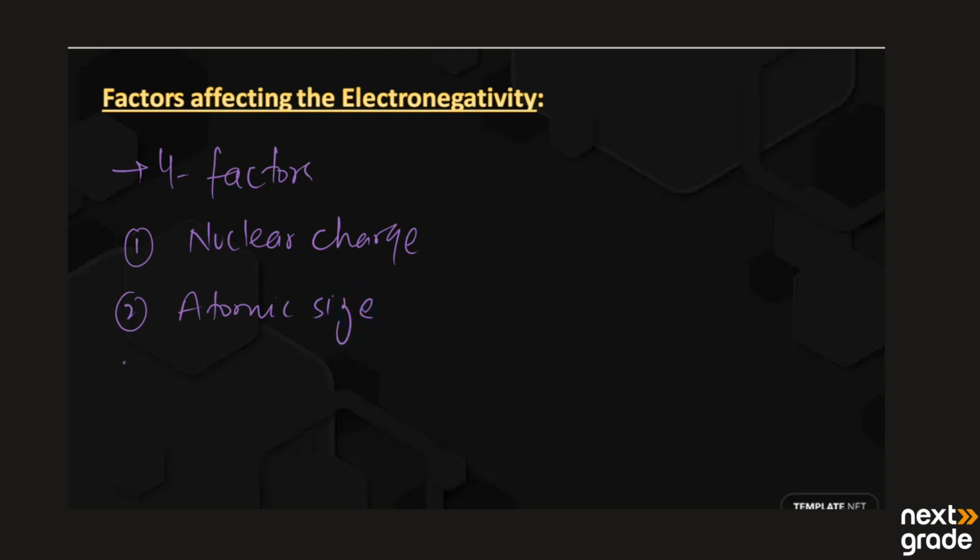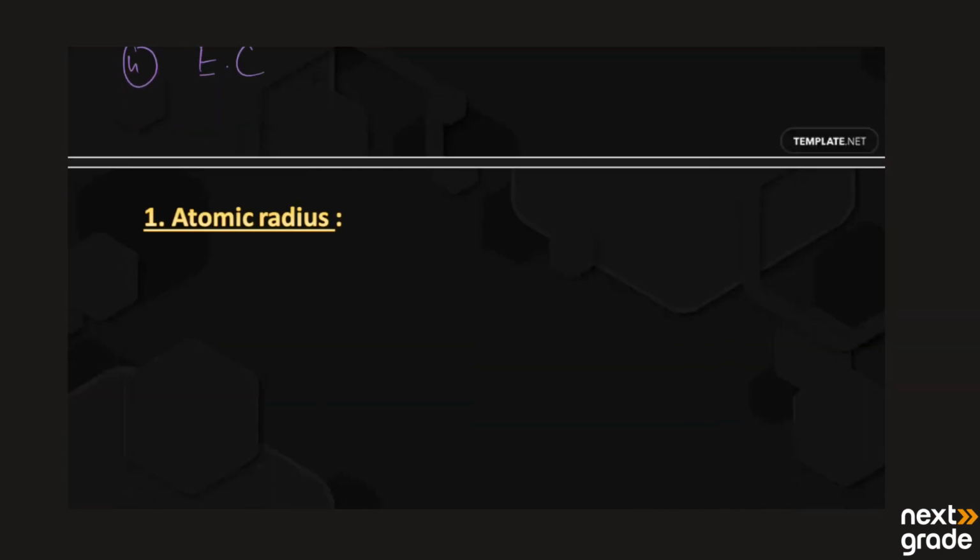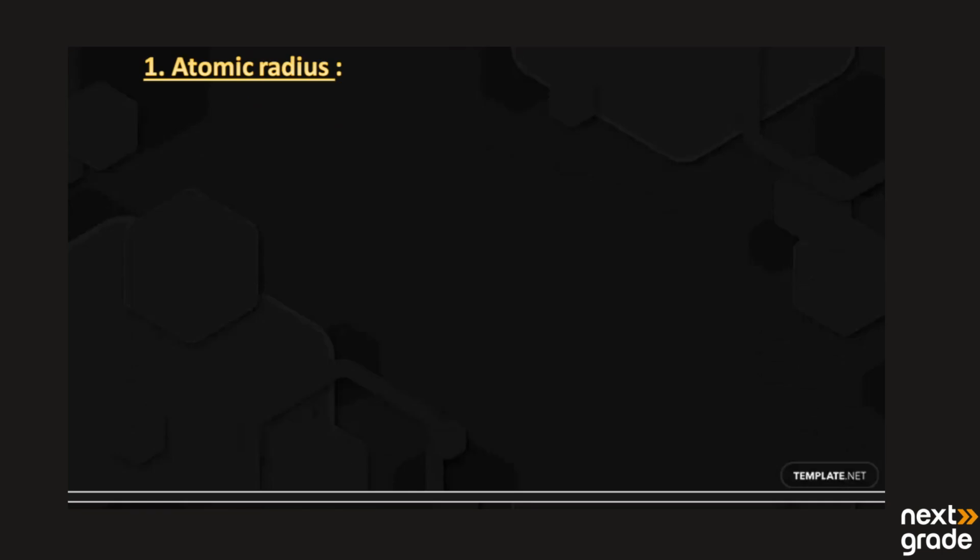The third factor is the shielding effect. And the fourth factor that is going to affect the electronegativity is electronic configuration. We can write it as E.C. So let's discuss one by one how these factors can affect the electronegativity.